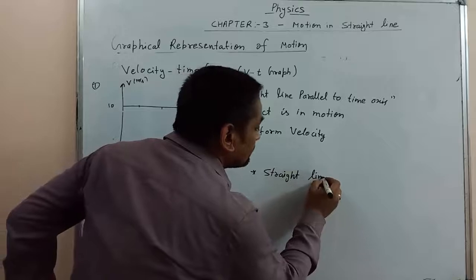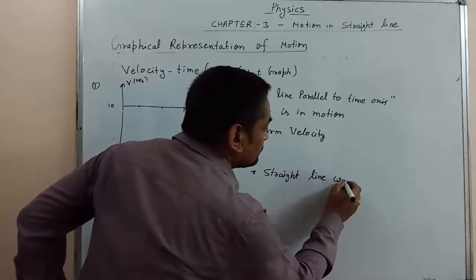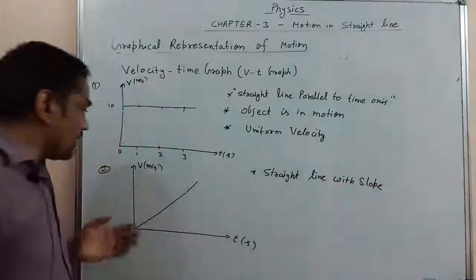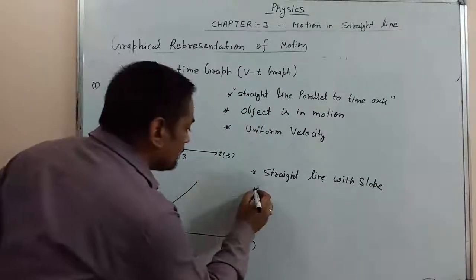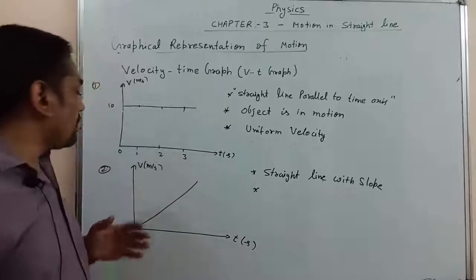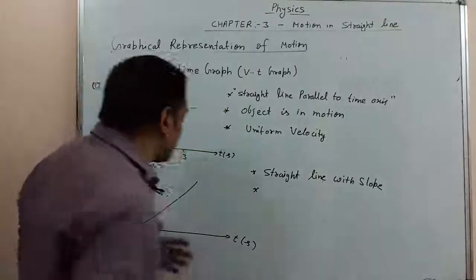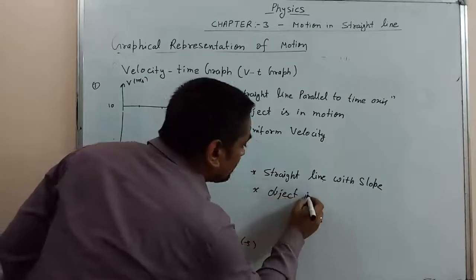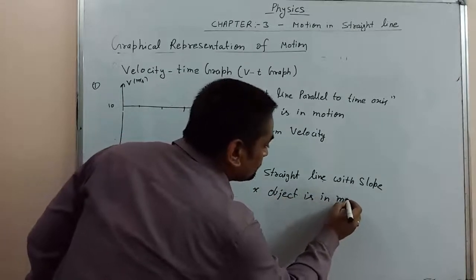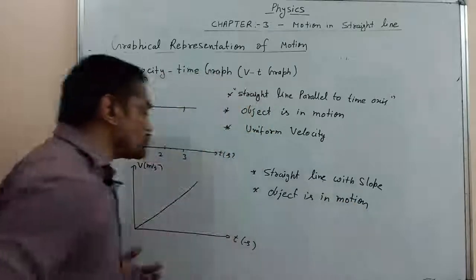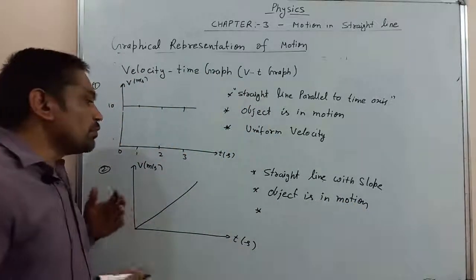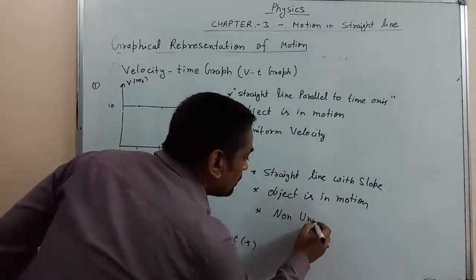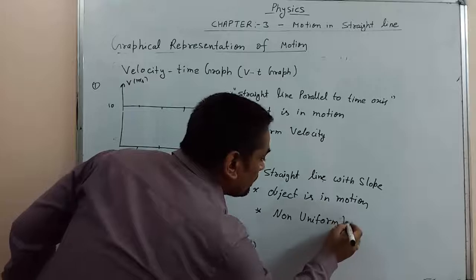This kind of graph in a VT graph represents an object moving with non-uniform velocity. So is the object moving or at rest? The object is in motion. And what kind of motion is there? The object is moving with non-uniform velocity.